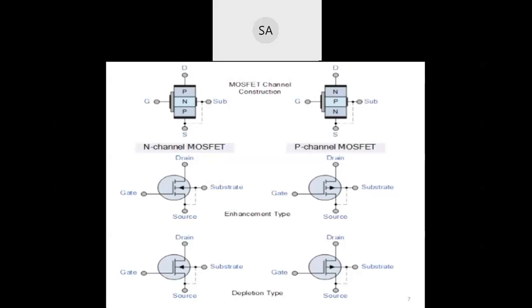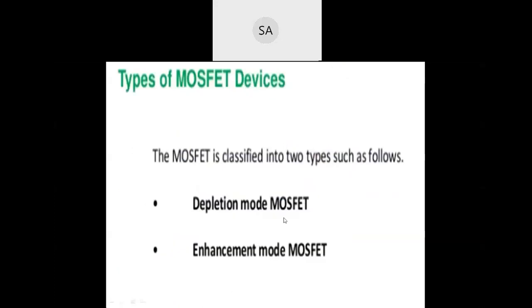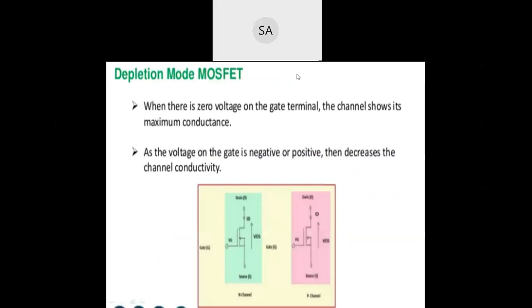Whereas in the depletion type MOSFET, the N-type channel is obtained by diffusion between the N plus type source and drain regions, and an SiO2 layer is deposited on the channel, and holes are made to maintain the contacts. So in the depletion mode MOSFET, when there is zero voltage on the gate terminal, the channel shows its maximum conductance.